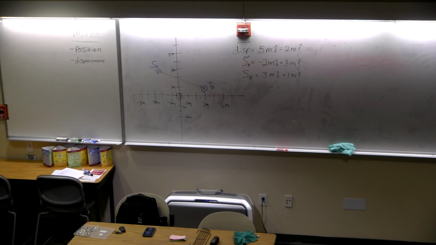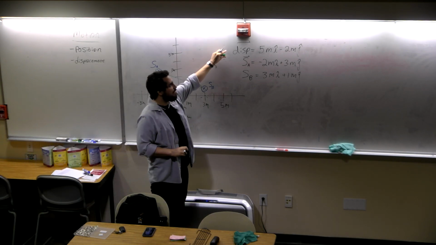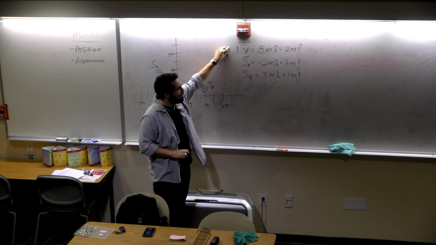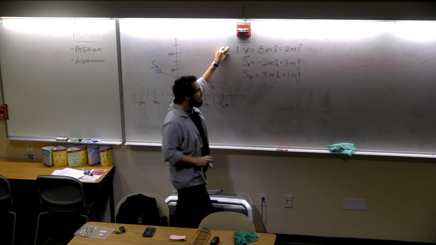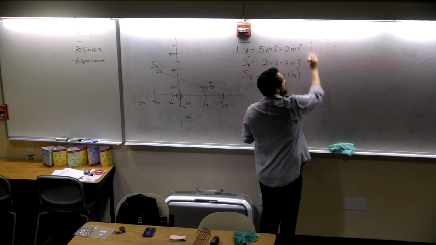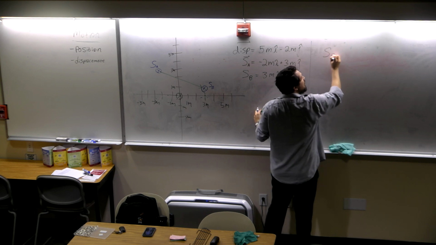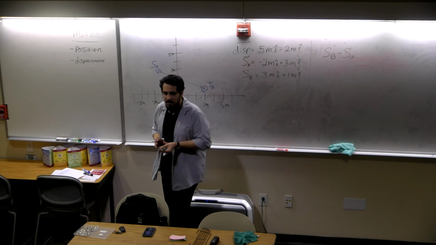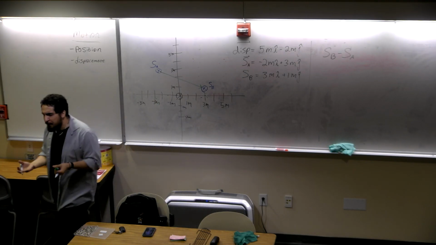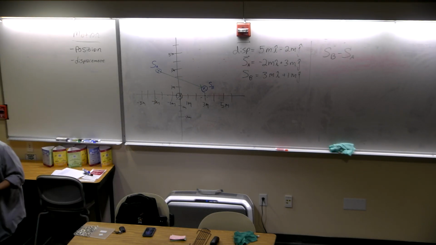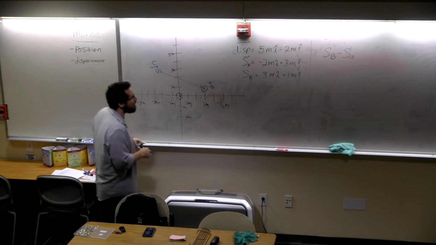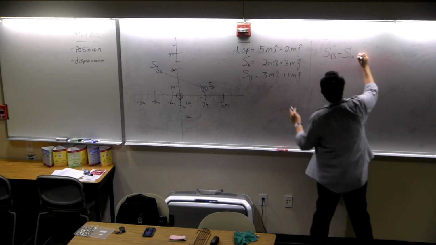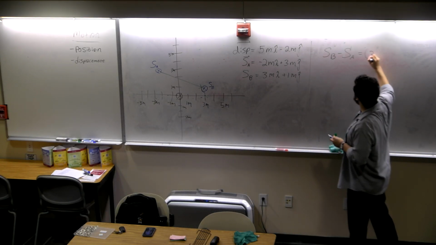Well, we prove that by saying that position B is 3 meters i hat plus 1 meter j hat, and you subtract off your position A, which is negative 2 meters i hat plus 3 meters j hat. What are we doing here? Algebraically, we're just plugging in our position B and our position A. Now, pause and make sure you can see the algebra there.